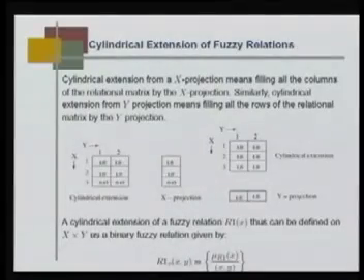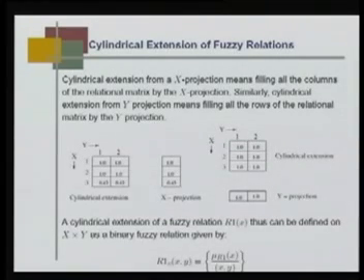Cylindrical extension from an x projection means filling all the columns of the relational matrix by the x projection. Similarly, cylindrical extension from a y projection means filling all the rows of the relational matrix by the y projection. Now, this is my x projection in the previous example: 1, 0.43.